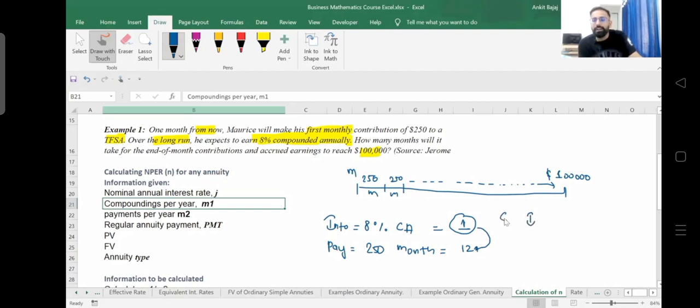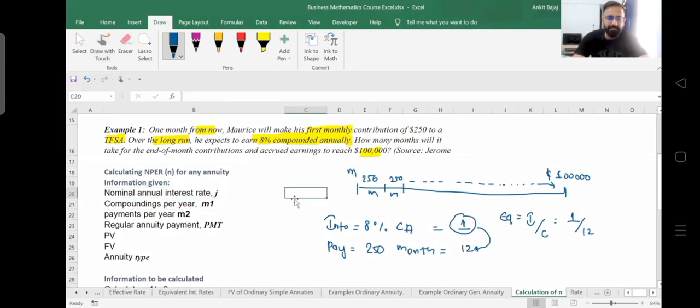If you want to find the equivalent duration, it will be interest duration divided by contribution duration. Here interest duration is 1 and contribution duration is 12. This is how we will find the value for the exponent. We have to use another formula and find the exponent value, not the power value. If you see, we will solve this question and automatically you will be able to understand.